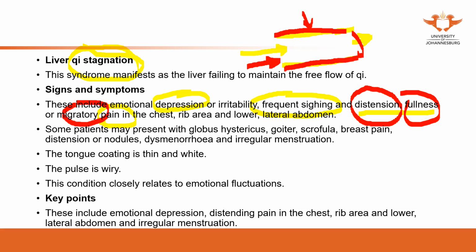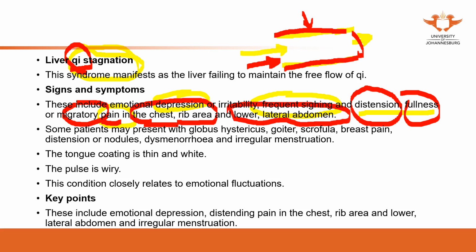Migratory pain. That's also because qi is something invisible, so it can move. In the chest and ribs area, that's because the liver meridian distributes at the chest and ribs area. Lower and lateral abdomen.